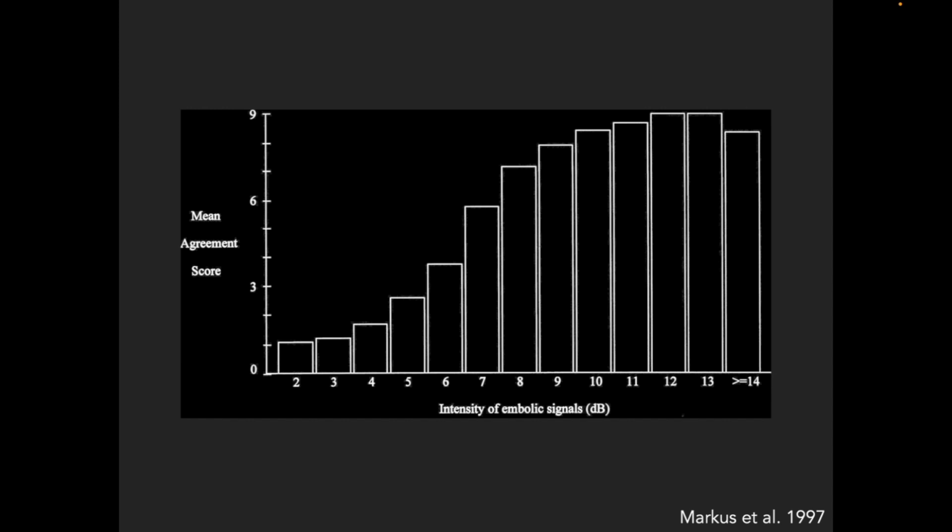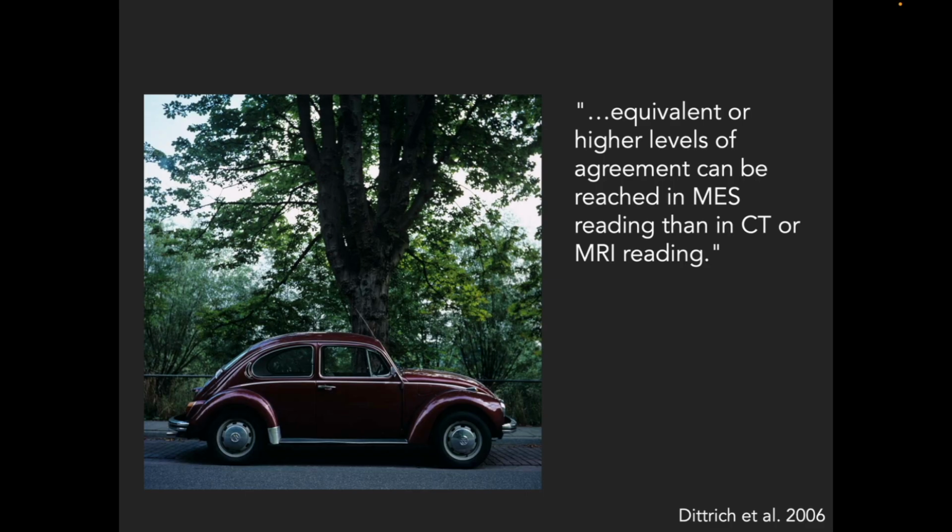In other words, if an embolus has an intensity of at least 9 dB, it is very likely that it will be detected by different observers. So, taken together, microembolic signal detection is quite accurate when compared to other established ancillary tests we use in daily practice.